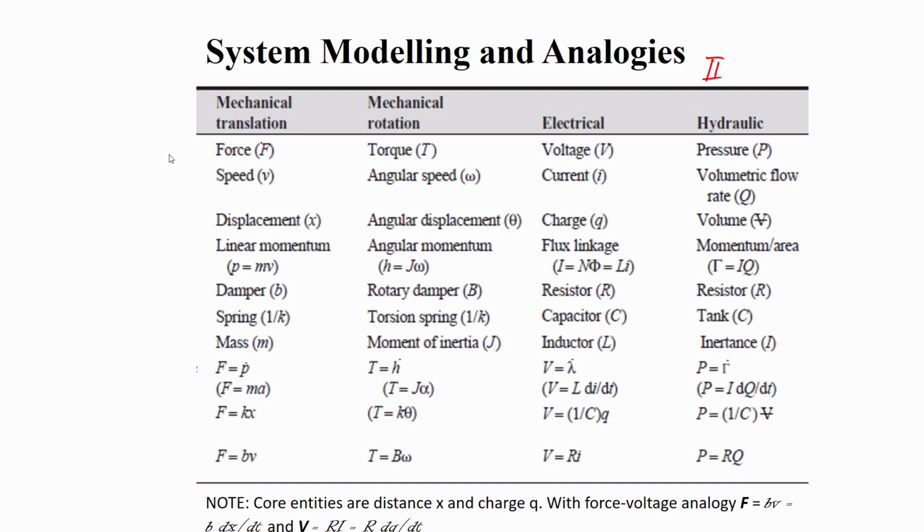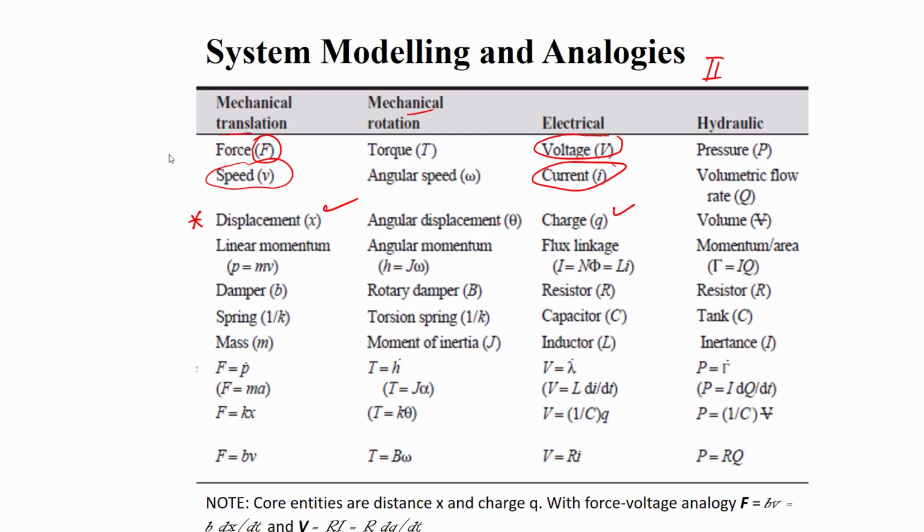The mechanical system, this is translational, this is rotational. So in this translational, we put force, electrical, voltage. It's a repetition of the previous page. Velocity, the current, the displacement, the charge. Remember, this particular one is a fundamental element.